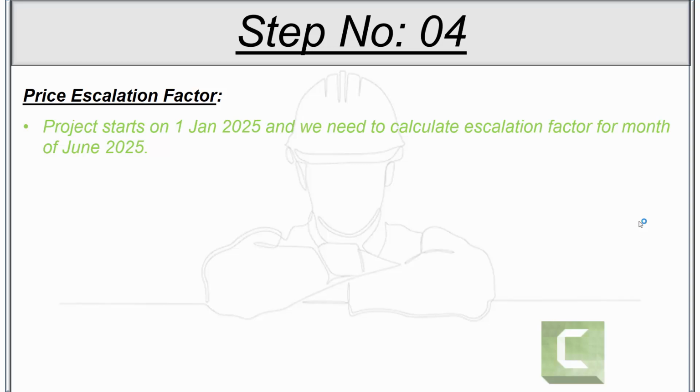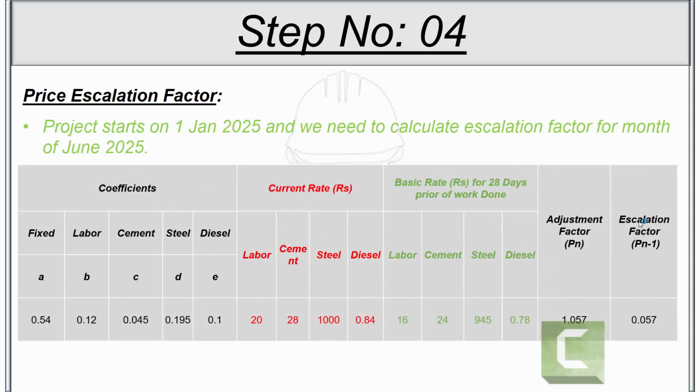We already have the base rate of January 2025 and the weightages, so the coefficients are already calculated above. Current rates: labor $20 per day, cement is $28 per bag, steel is 1000 per ton, diesel is 0.84 per liter. The units of current rate and base rate should be the same.